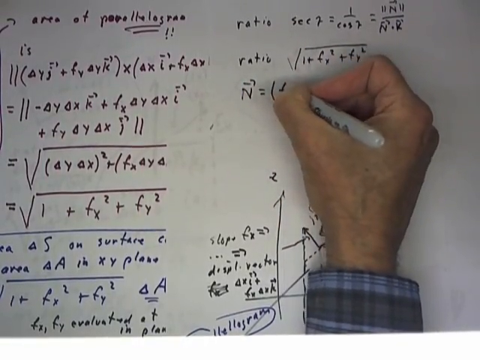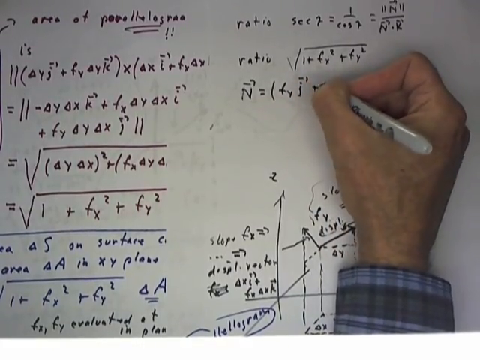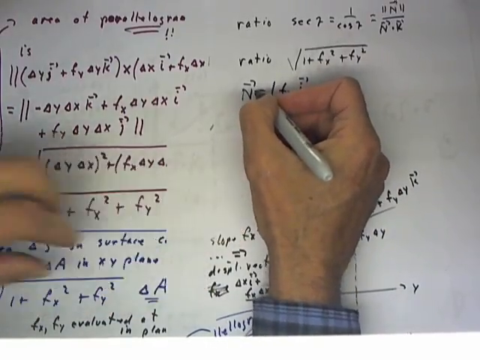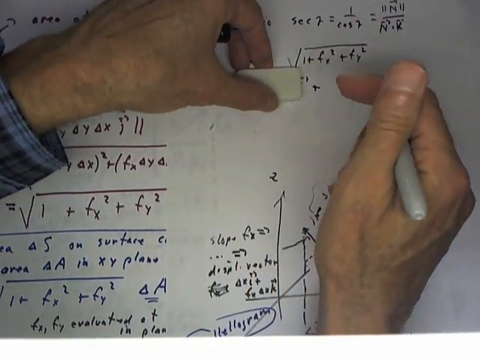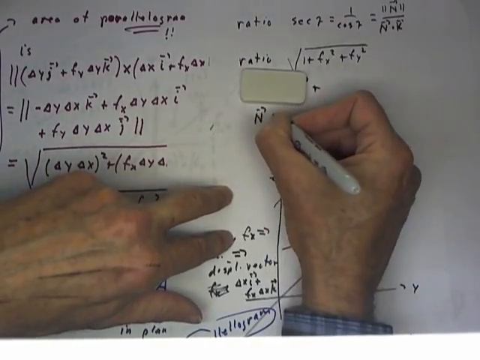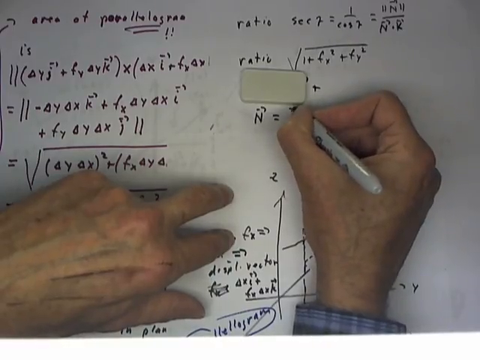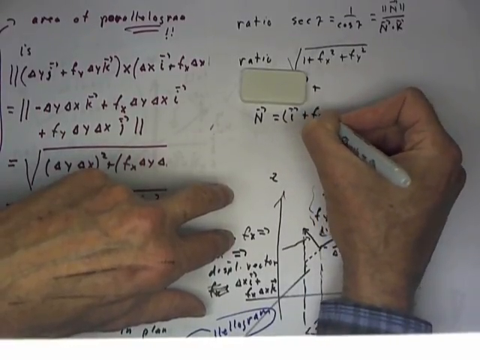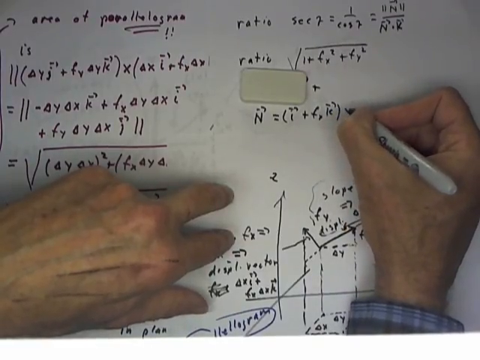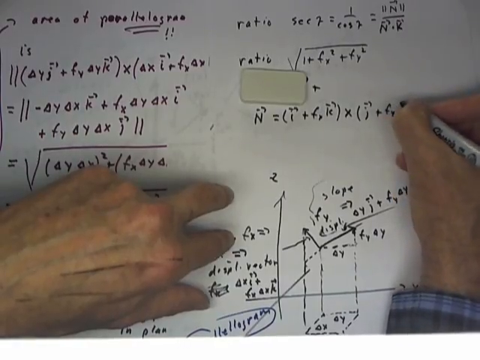I'll simply assert that the normal vector n equals, we'll do it in this order, i plus fx k cross j plus fy k.